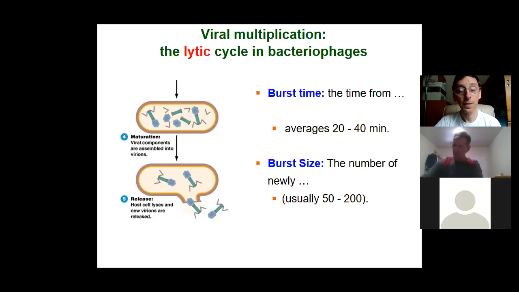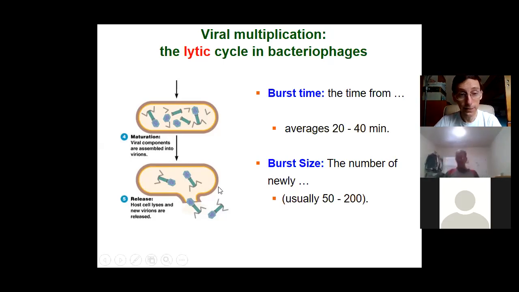And the other term to know is the burst size. That's the newly replicated virions that are released when the host bacteria cell bursts. Once again, that will depend upon the virus. It also depends on how fortunate the virus is in replicating itself inside the cell.